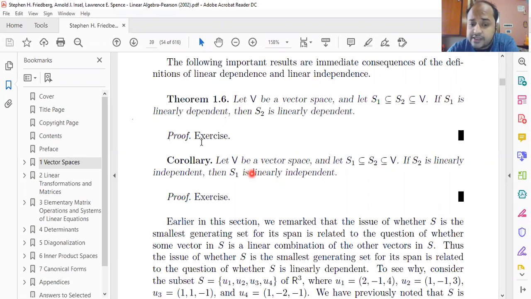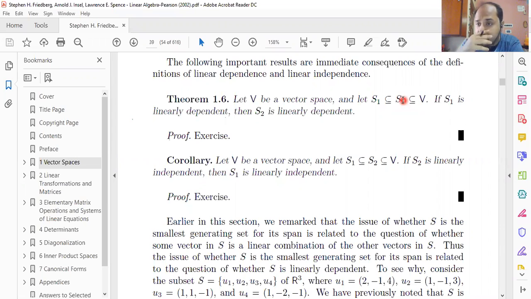These two results are very important for solving the problems of vector spaces, which we have in the later chapters. If we consider a circle which is S2, and inside that circle there is another circle S1 contained in S2, if you can show that the inner circle is an LD set, the outer circle will also be an LD set.